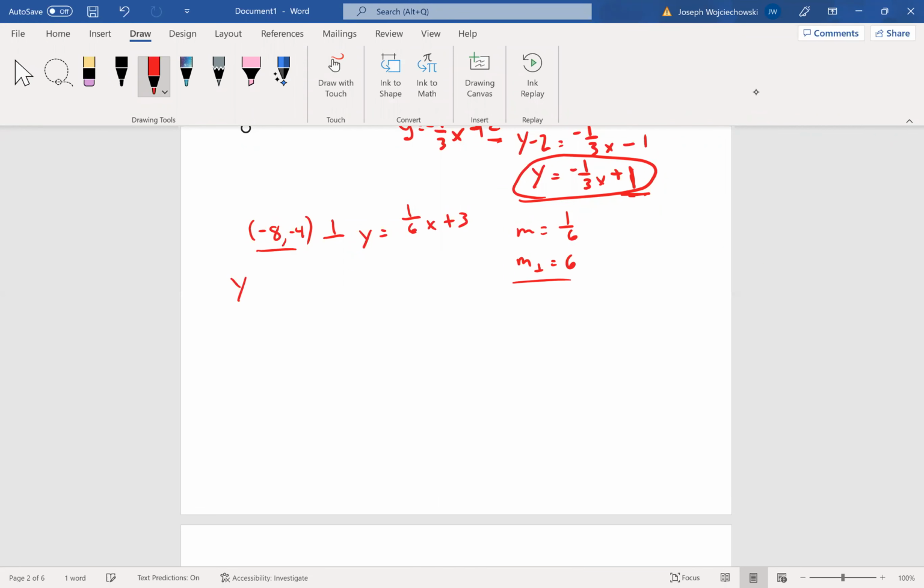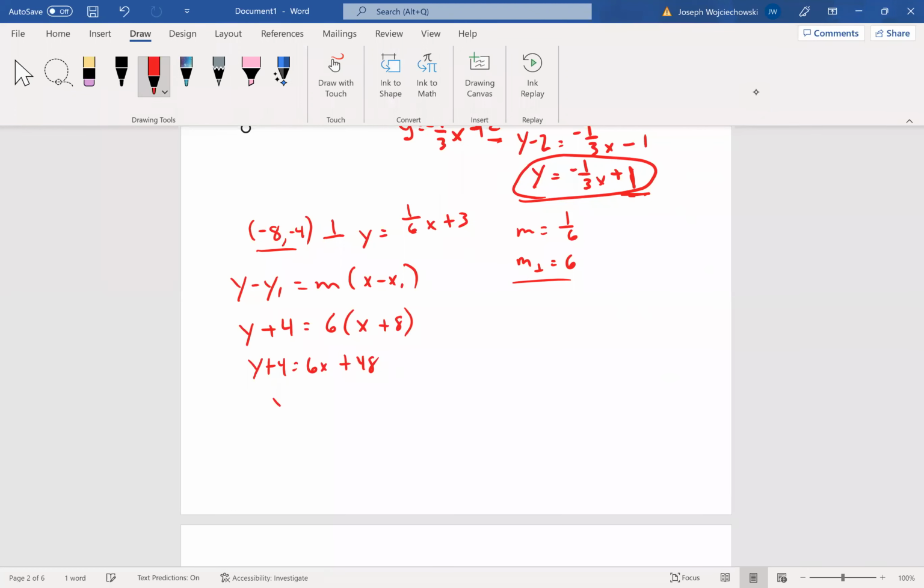So I have a slope and I have a point. So I have y minus y1 equals m times x minus x1. I have y minus a -4 equals 6 times x minus a -8. So y plus 4 equals 6x plus 48.